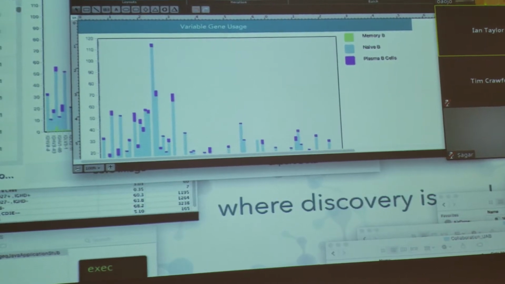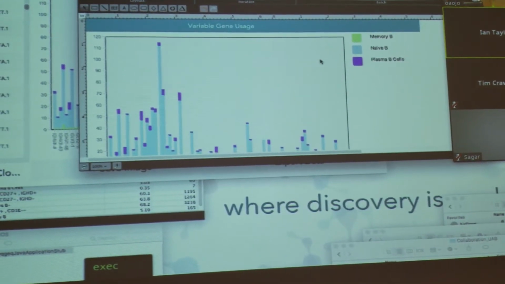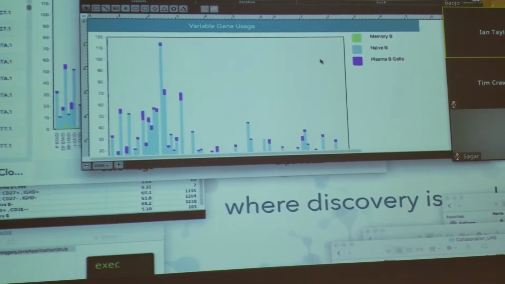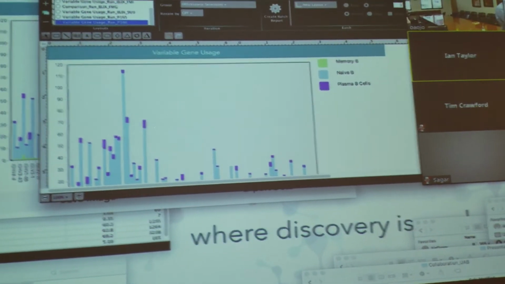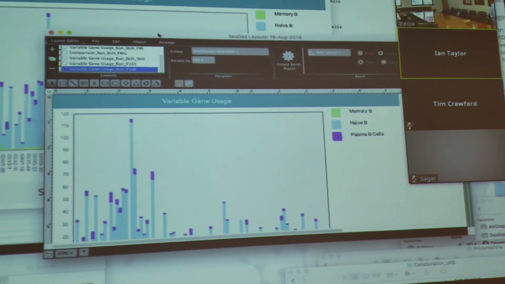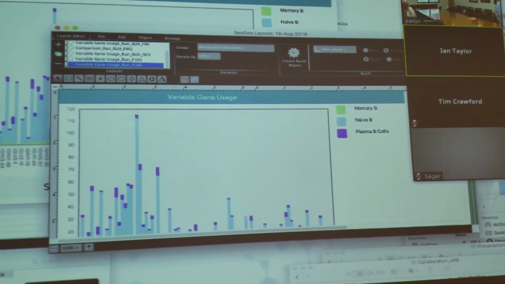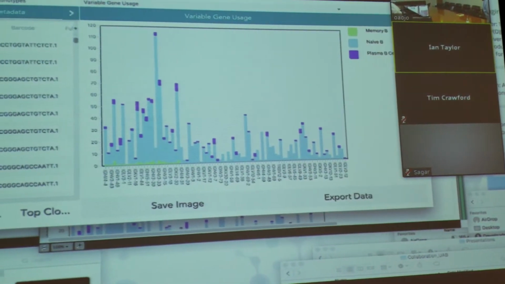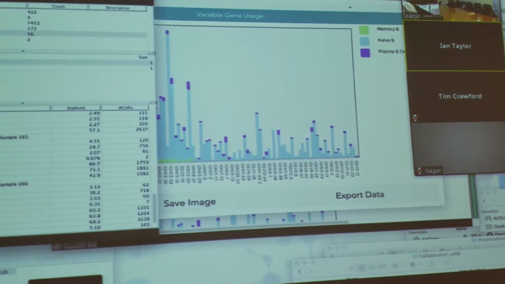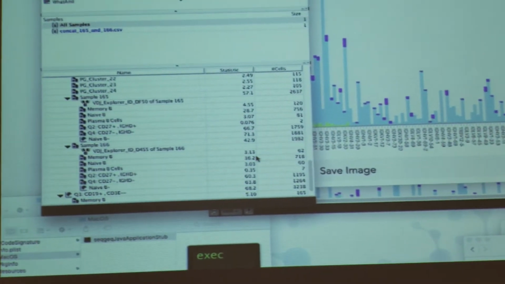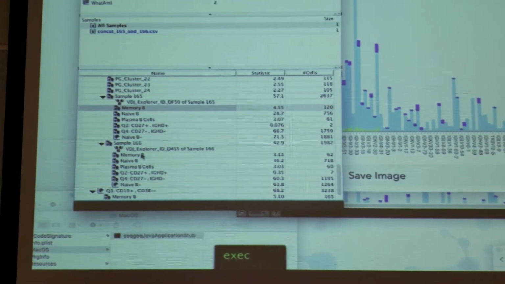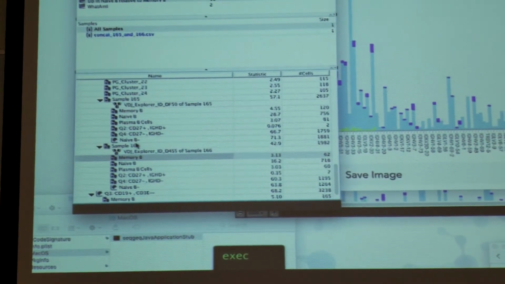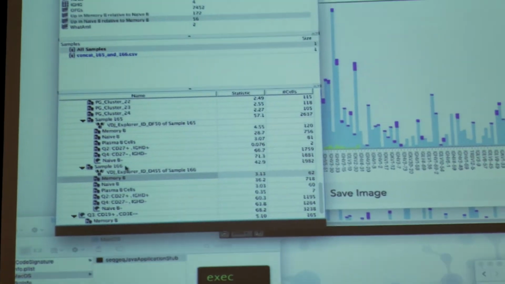Keep in mind, these are only the cells that got mapped to your VCR information. If you want to know how many cells, memory, naive or plasma, that's going back to our original gating. You can see there's only 62 memory cells in 166.